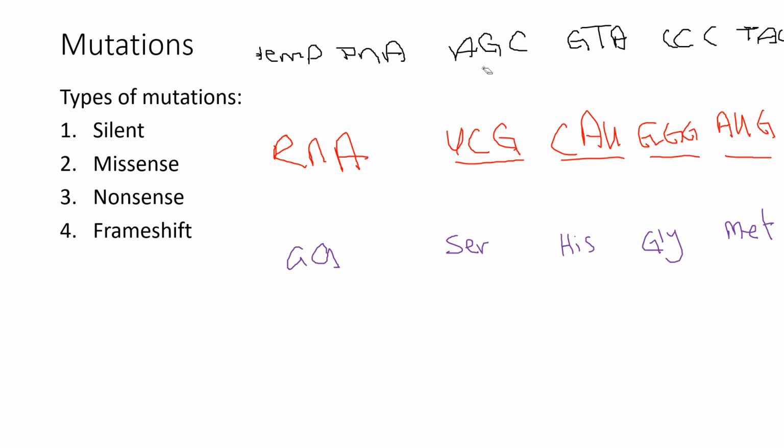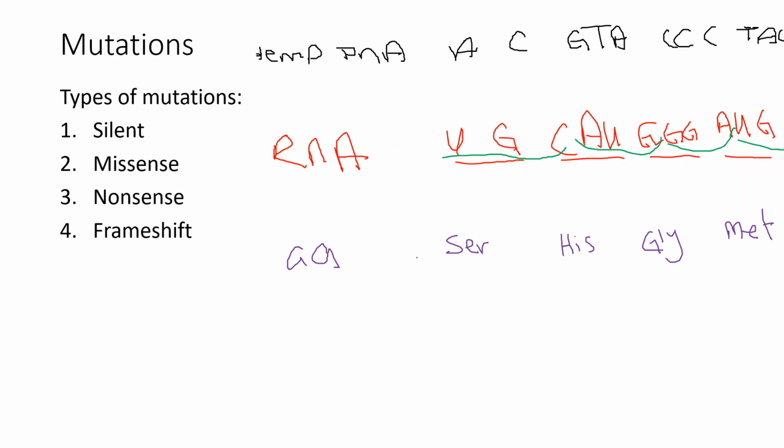Pretend that after laying that first adenine, DNA polymerase for some reason got confused and didn't incorporate that guanine at all. That means in my RNA, I don't have that cytosine. Now let me underline my codons. My first codon is UGC, my second is AUG, and then GGA, and so on and so forth.